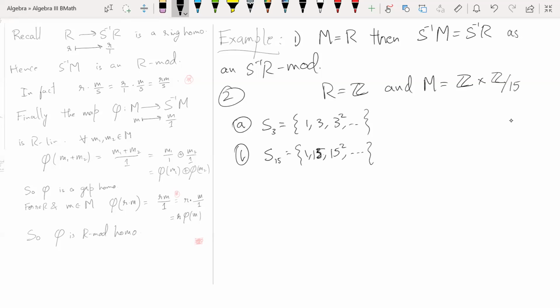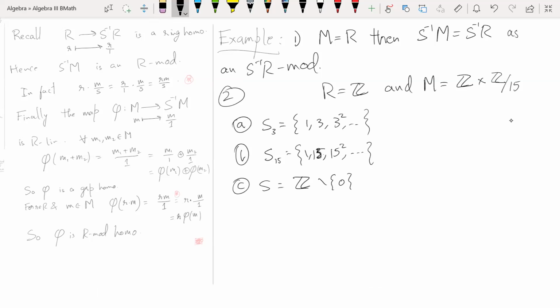If we take S to be 1 or minus 1, then of course you shouldn't get anything interesting, I think. So let's not worry about that. But what if we take C, S to be all non-zero integers, Z minus 0?